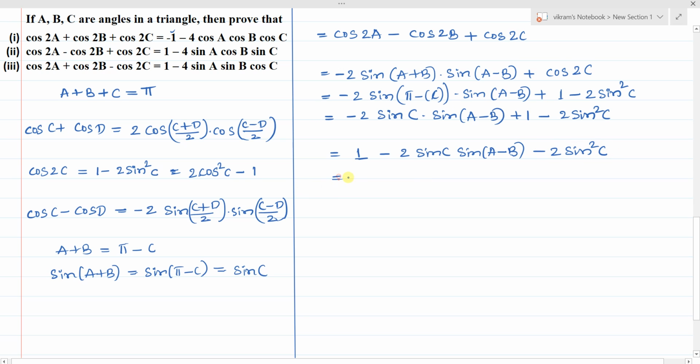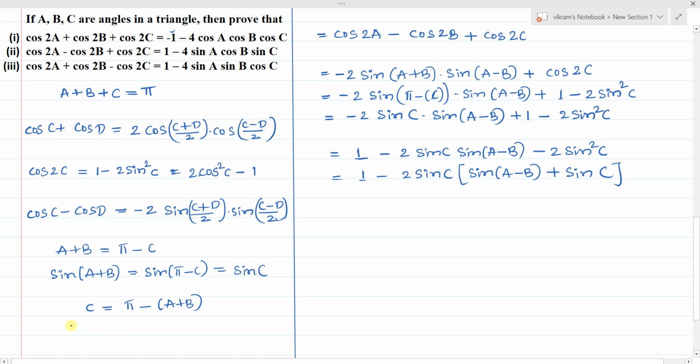Now here we can write this as 1 minus 2 sine c as a common. If we take 2 sine c as a common, then we can write this as sine of a minus b plus sine c. From the given information, angle c can be written as pi minus of a plus b.